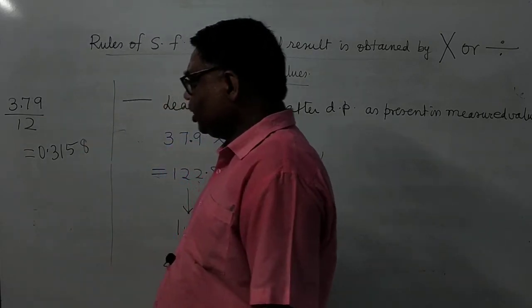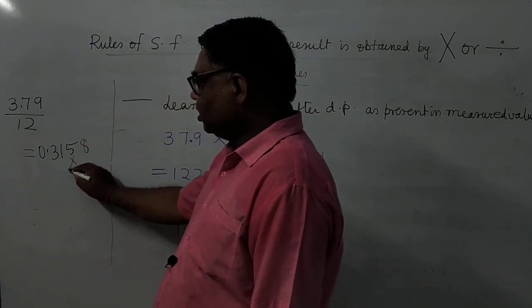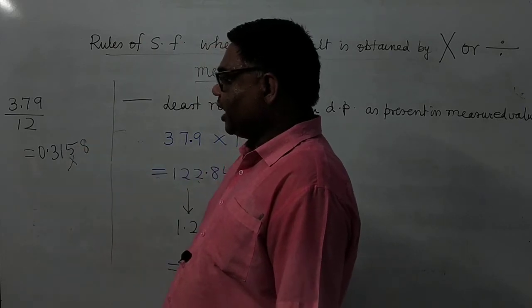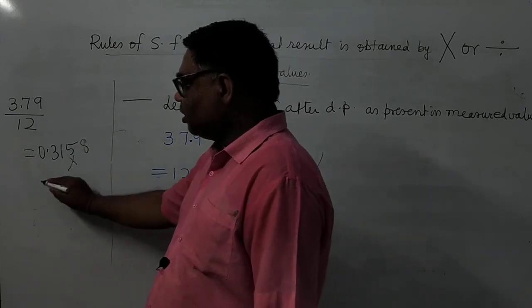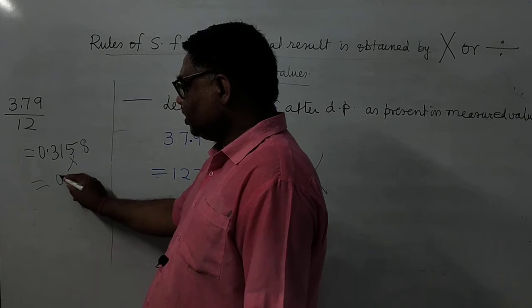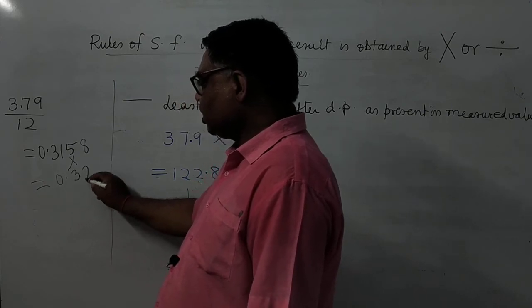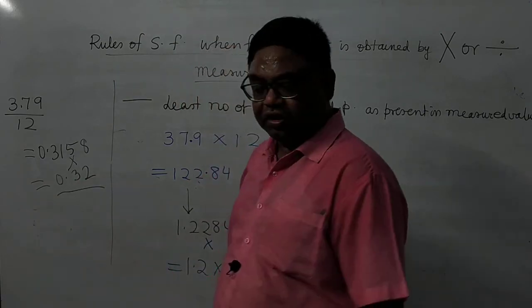Now the digit to be dropped is this, so you will add 1 in the preceding place, because the preceding place is odd. So it will be 0.32.